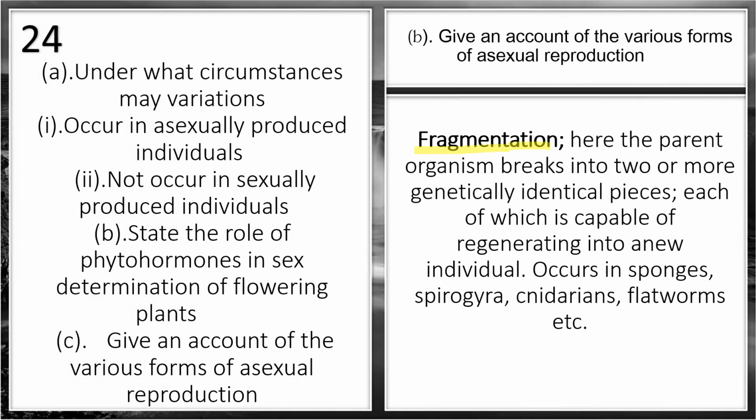Fragmentation. Here the parent organism breaks into two or more genetically identical pieces, each of which is capable of regenerating into a new individual. It can occur in sponges, Spirogyra, Cnidarians, flatworms, and many others.